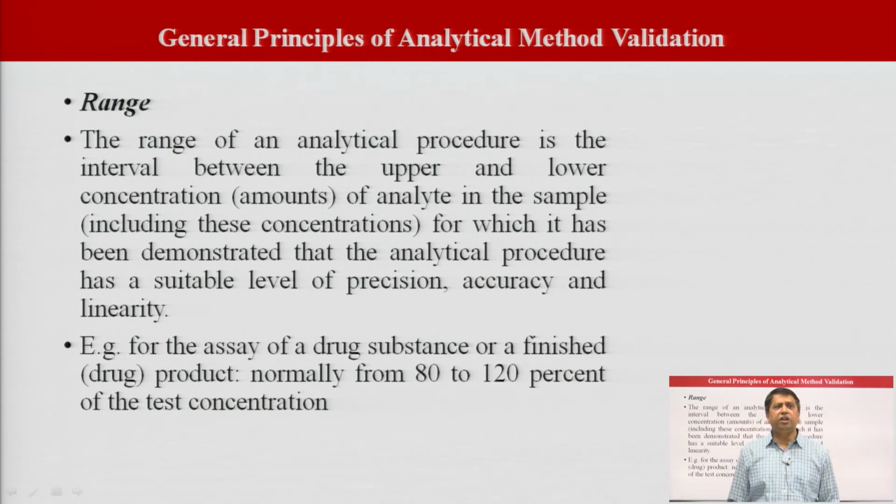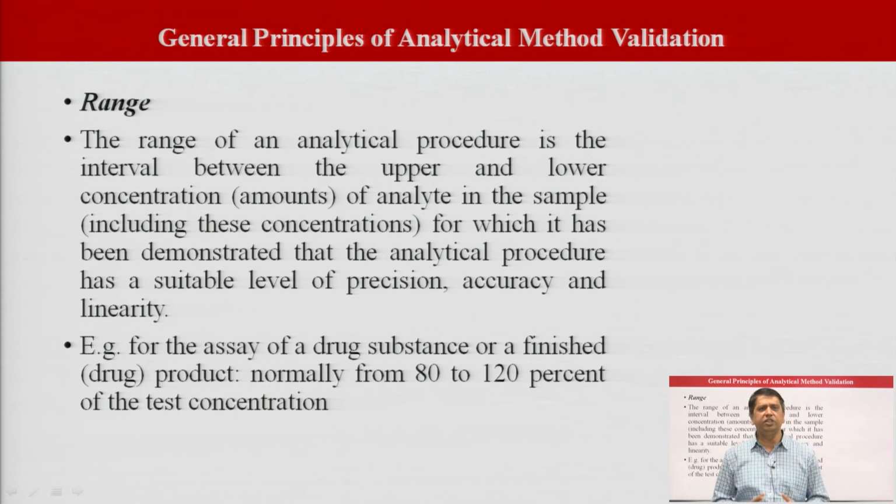Now, the next part is the range. The range of an analytical procedure is the interval between the upper and lower concentration amount of analyte in the sample, including the concentrations for which it has been demonstrated that the analytical procedure has a suitable level of precision, accuracy and linearity.